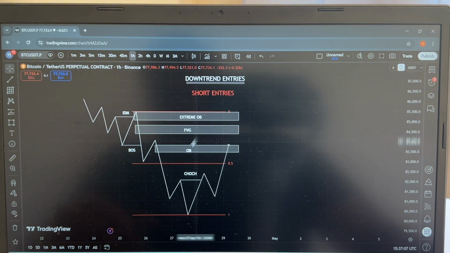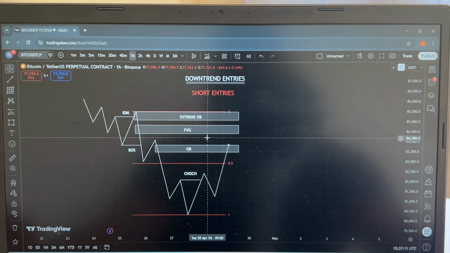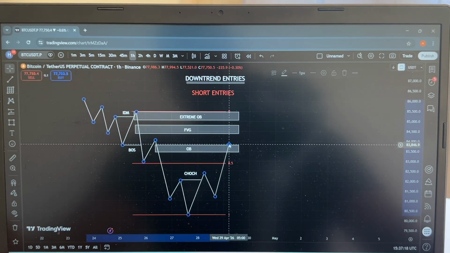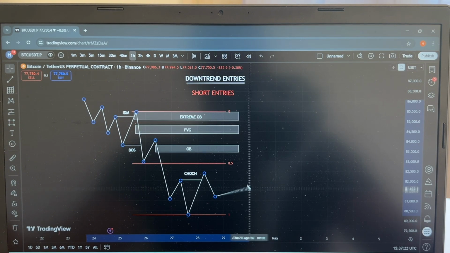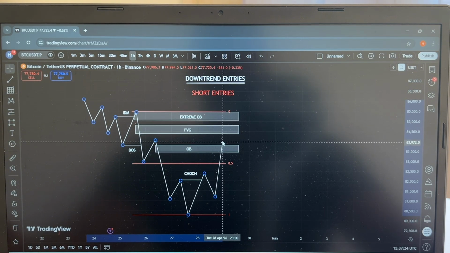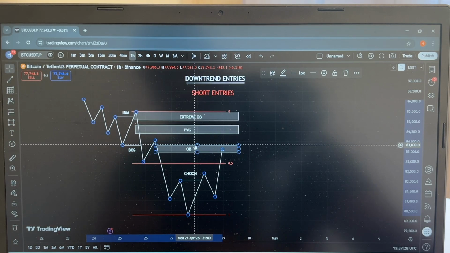Okay, for now I'm just giving you an idea that the market can actually give us these types of order blocks. What the market does is it taps one of these levels and it's going to go down. Let's get rid of this for now.